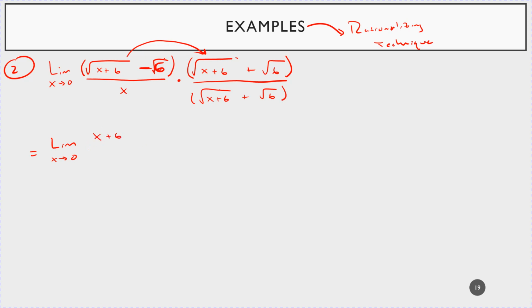Minus plus becomes minus, and then the square root of 6 times the square root of 6 is 6. All over, remember don't distribute here, x times the square root of x plus 6 plus the square root of 6. Well, look, x plus 6 minus 6, that's just x.